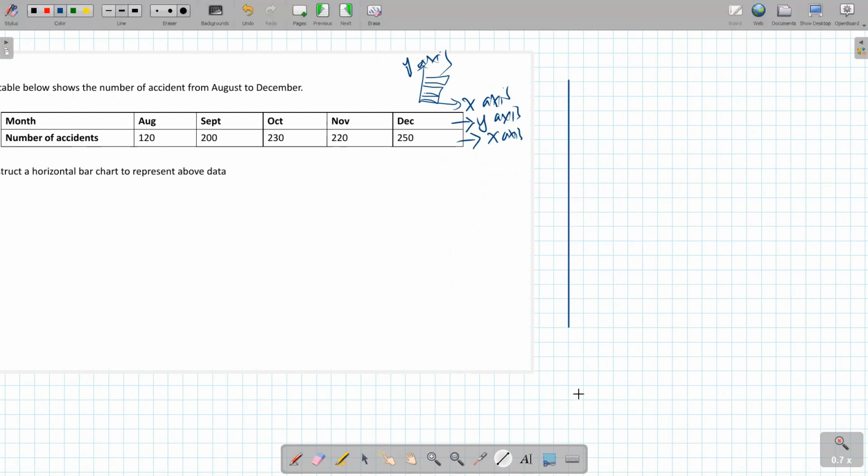Then your x-axis, from 120 to 250. So how do we draw our x-axis? We need to draw from 0 until 260, and I'm using the scale of 1 to 2.